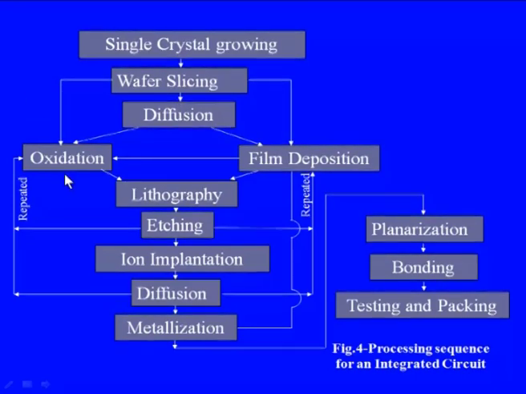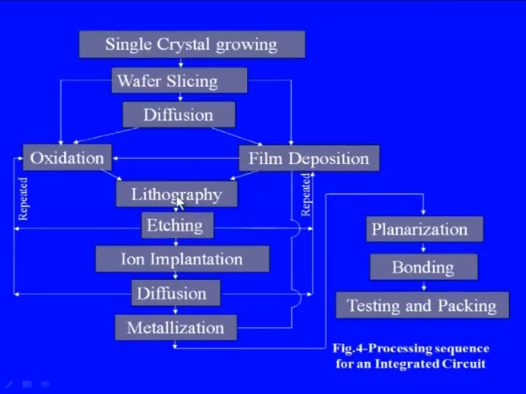This is a generalized scheme. In some applications the diffusion may not be required, so we may go directly for oxidation or for film deposition. In some cases diffusion is also required as well as oxidation, or in some cases diffusion plus film deposition may be required.